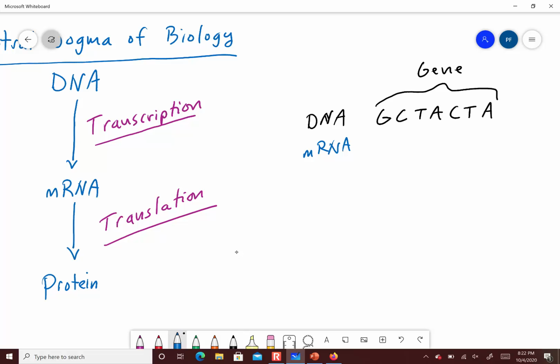So we transcribe this into mRNA using complementary base pairs. There's a G, we put in C. There's a C, we put in G. Now careful with your T's and A's and U's. The blue mRNA should never have a T, but it does have A's.